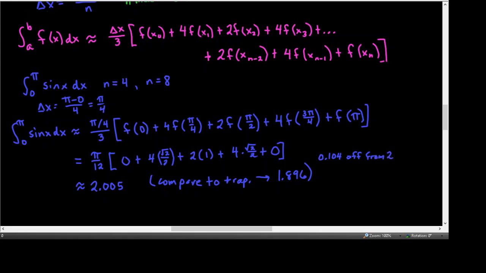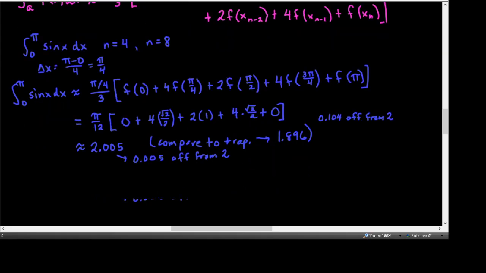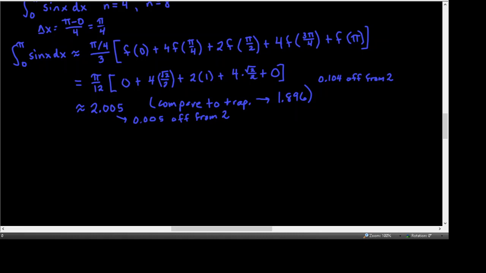So the trapezoidal answer is 0.104 off, and how far is this one off? It's 0.005 off from 2. So with the same number of subdivisions, we're way closer with Simpson's Rule than we are with the Trapezoidal Rule. Okay, so that's a comparison I wanted to make, that would give us a little bit better answer.